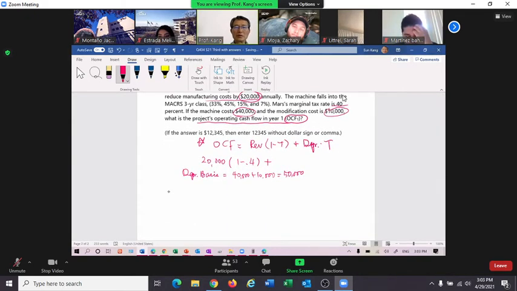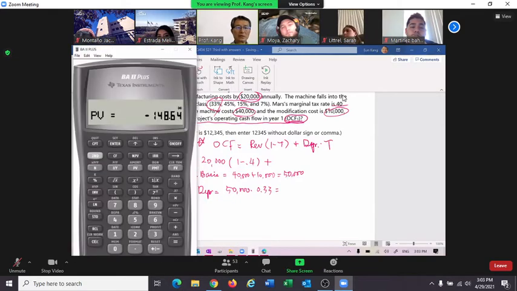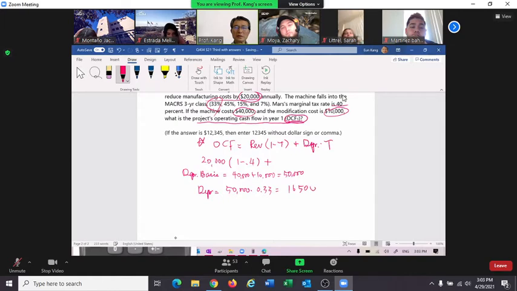Then the depreciation in the first year is 33%. So 50,000 times 0.33. So 50,000 times 0.33 is 16,500.